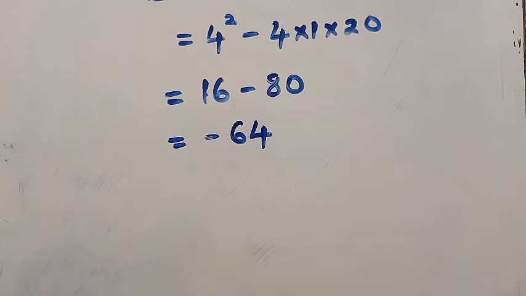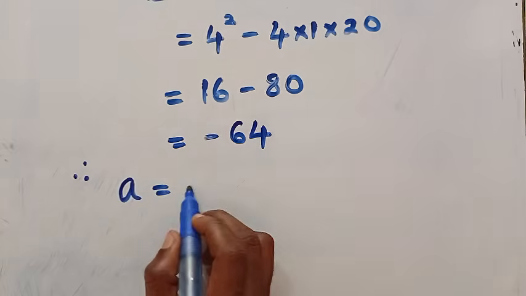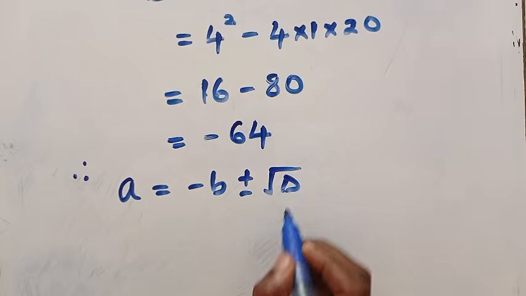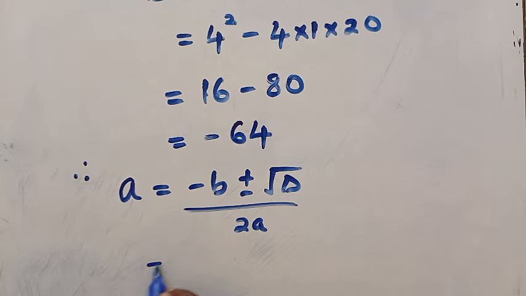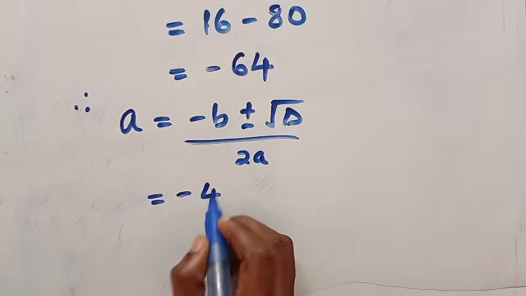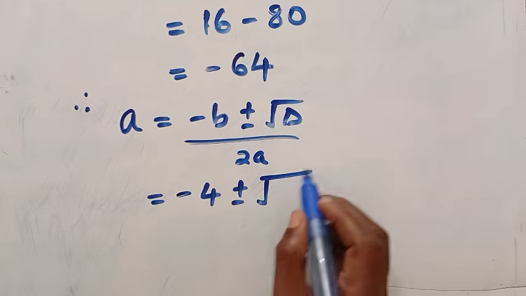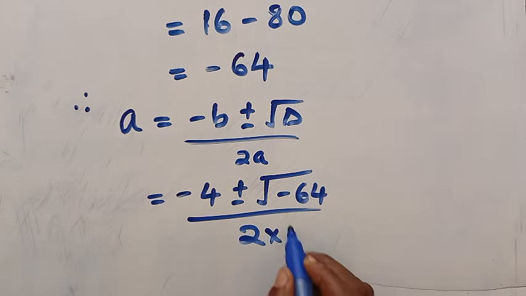Since we are getting a complex solution, we then have the value of A here equals minus b plus or minus the square root of the discriminant divided by 2a. So this equals, as b is 4, minus 4 plus or minus the square root of negative 64 divided by 2 multiplied by 1.